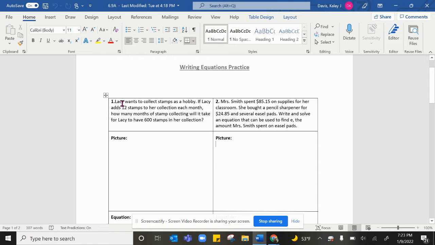So the first sentence, Lacey wants to collect stamps as a hobby. That's good to know, but it's not telling me anything about the problem. If Lacey adds 12 stamps to her collection each month, that's a lot of stuff, but the important part is going to be 12 stamps, and here's that word each.